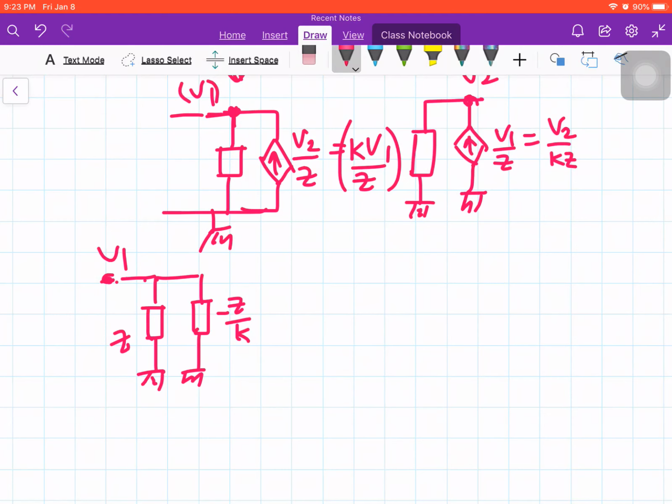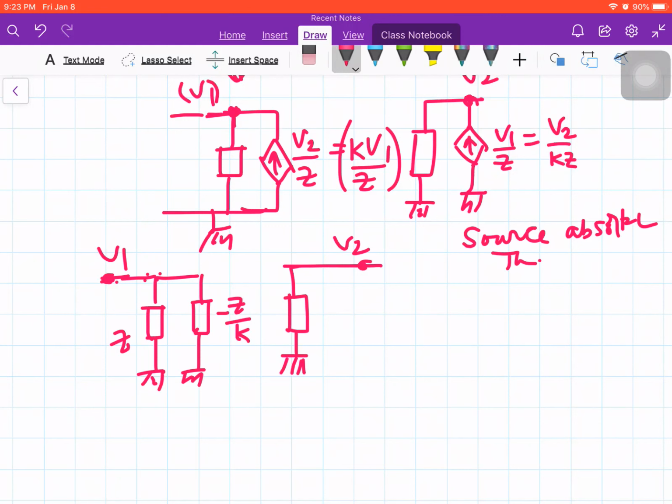So let's check whether this is right or wrong in the first place. Let me give you the actual transformation using the source absorption theorem. Without giving the statement of the theorem, let's check whether this is correct or not. Can we write the above circuit in the following fashion?